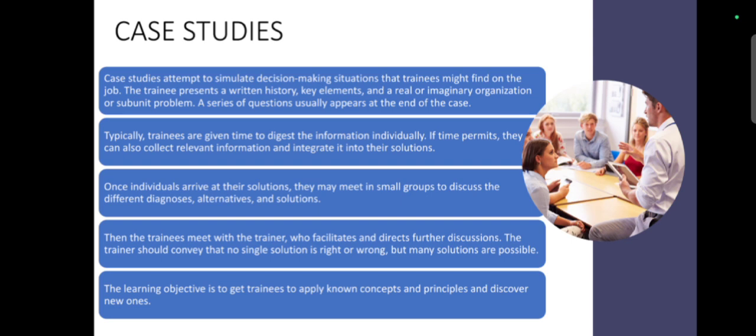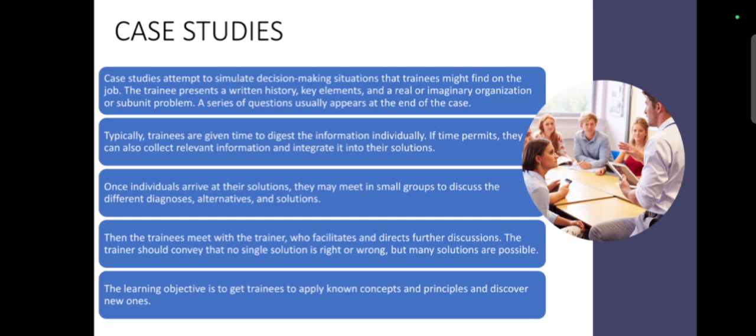Typically, trainees are given time to digest the information individually, and if time permits, they can also collect relevant information and integrate it into their solutions. Once individuals arrive at their individual solutions, they may meet in small groups to discuss the different diagnoses and alternative solutions of other trainees also.